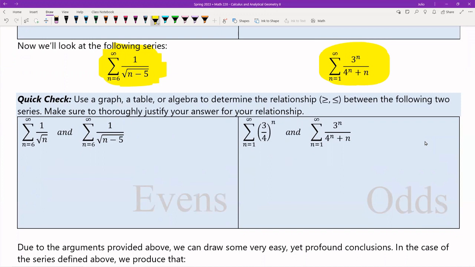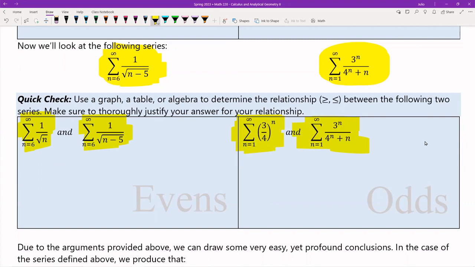For these new series, the ones in orange or yellow right now, I want you to tell me the relationship between this series and this series. And then for the odds, same thing, this series and this series. What kind of relationship do these 2 have with each other?